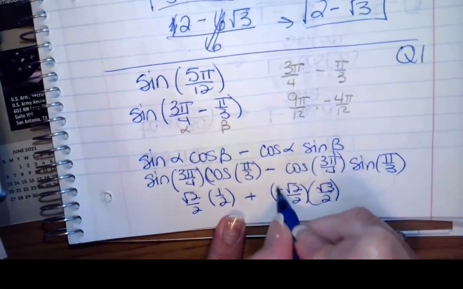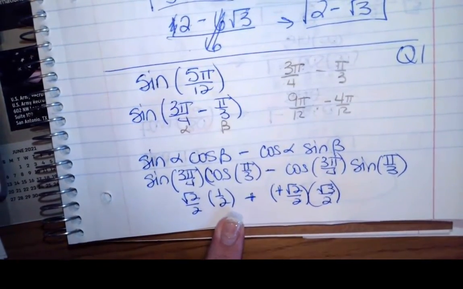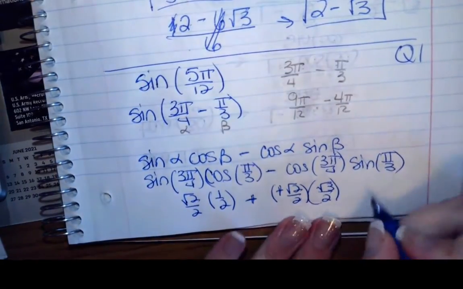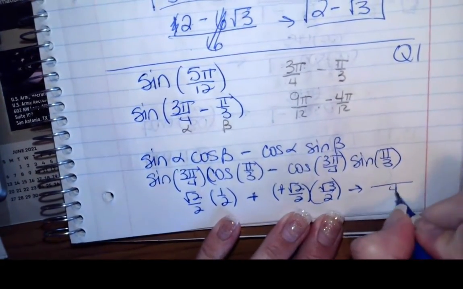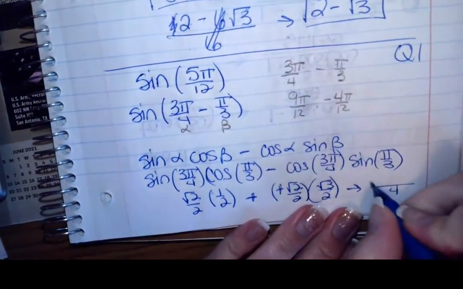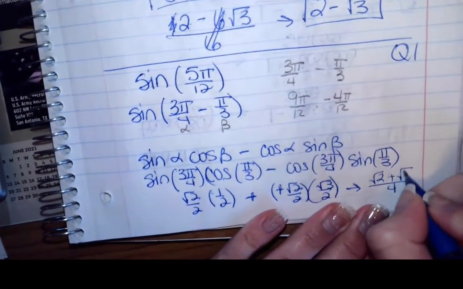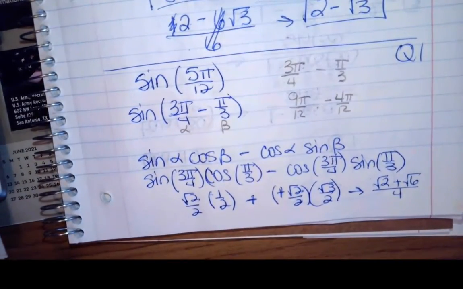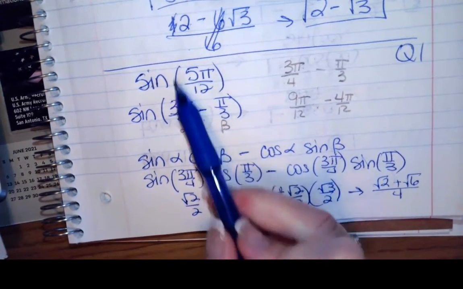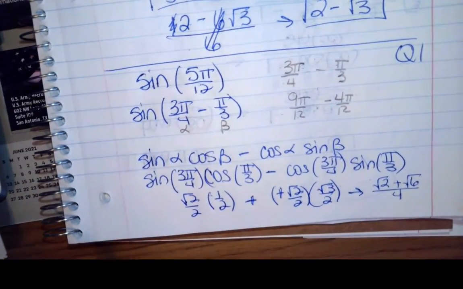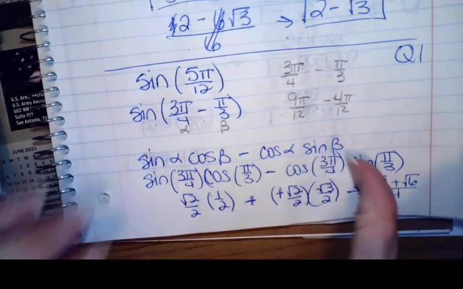So this is going to become plus positive. Remember your common denominator is 4s, so I get over 4. Root 2 times 1 is root 2, plus root 6. So root 2 plus root 6 over 4 gives you the same ratio as the sine of 5 pi over 12.